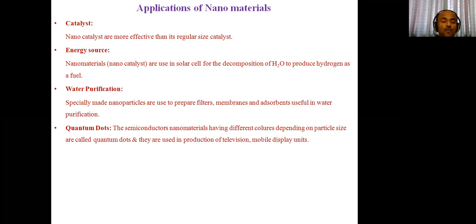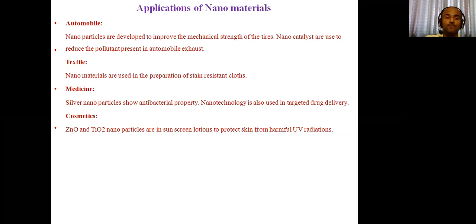Next application is quantum dots. These are small nano-sized materials showing semiconductor properties. So the semiconductor nanomaterials having different colors depending on particle size are called quantum dots, and they are used in the production of television and mobile display units.